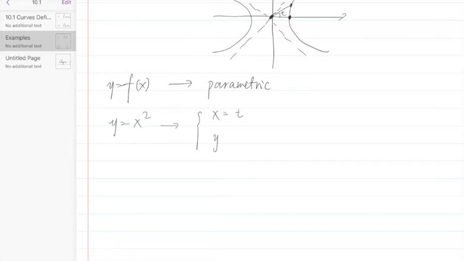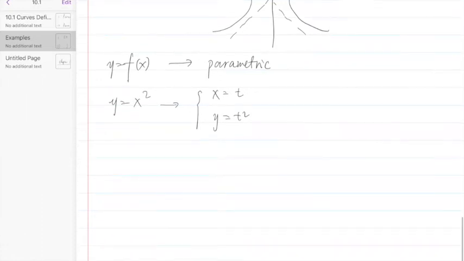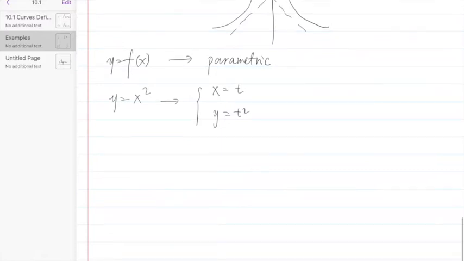Worst case, you just define your x to be t, and then you know y as a function of x, so you know y as a function of t. If this is x squared, this is t squared because my x is t. This is already a parametric equation, which is not a great one, but it is. It doesn't make sense at all because basically you just change the name of a variable, but that's a parametric.